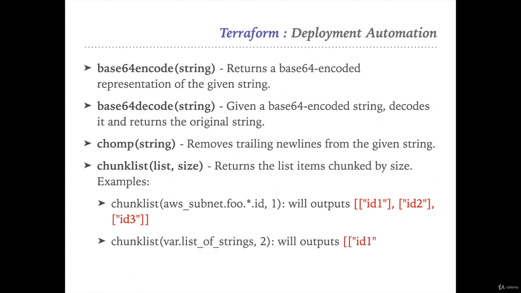But if we provide chunklist with a variable of strings and define a size of 2, then each inner list will have two elements. So if there are 5 elements, the first list will have id1 and id2, the second will have id3 and id4, and the last will have id5. So chunklist chunks the list as per the given size.